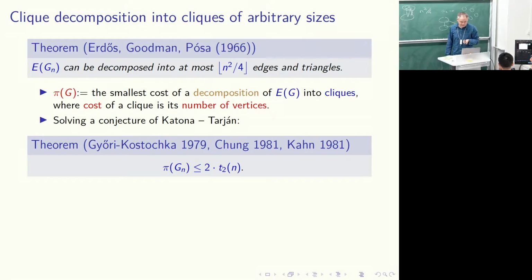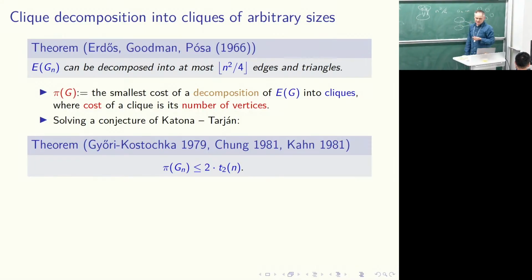As soon as it was announced by Katona and Tarjan at a conference, three groups of people quickly proved it, and at least some of the proofs are reasonably easy, elementary, not too long. It states that for every graph there is a decomposition into cliques whose weight is not more than what we get from the complete bipartite graph.